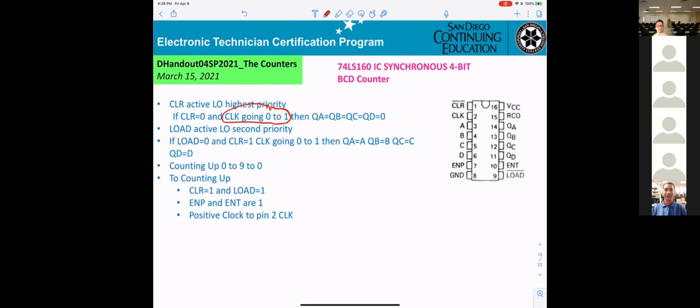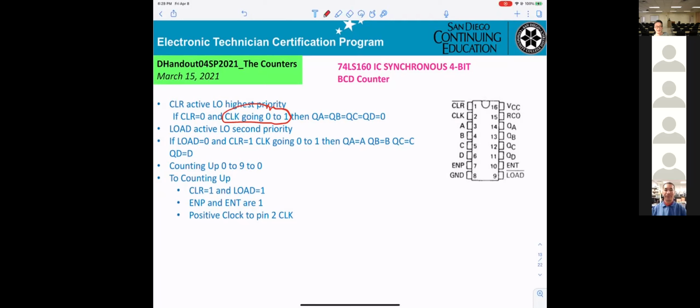However, more people get a problem, they cannot make it work. The thing is, you need to read. Okay? Again, this IC is completely controlled by the clock. Whatever you want to do, they need the clock. So if you want to clear active low, you set clear equal 0. Output not 0 until you apply the clock 0 to 1. Same thing.